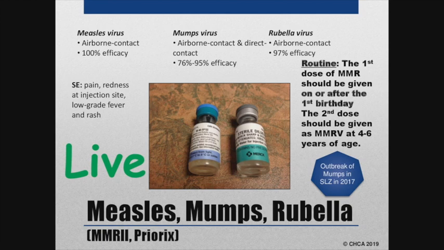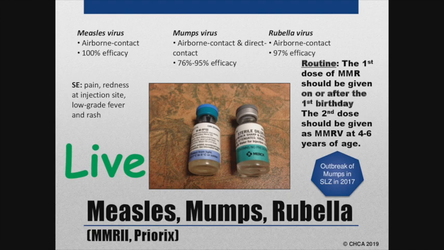Another example of a live vaccine, and one of the reasons we included this one, was the outbreak of mumps in the Sioux zone in 2017. This is the measles, mumps, rubella vaccine, or MMR II or Priorix. With a full 2-dose regimen, the efficacy for measles prevention is about 100%.